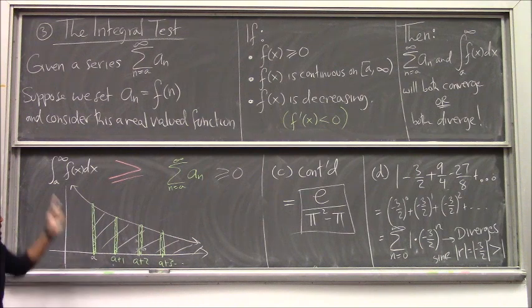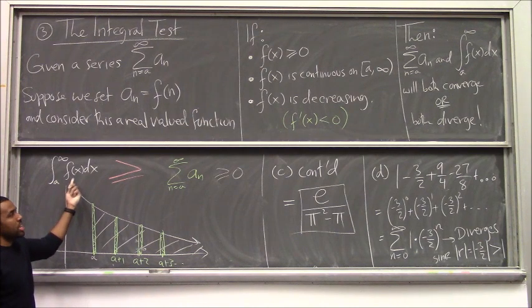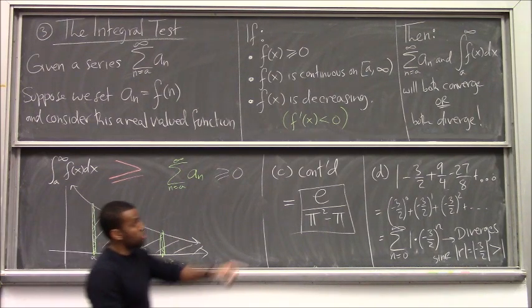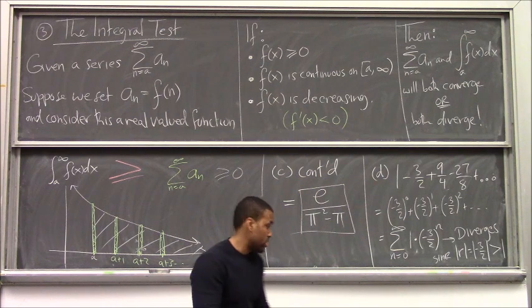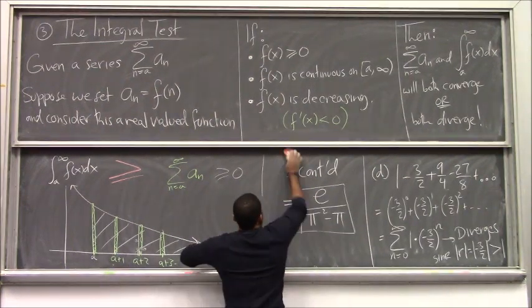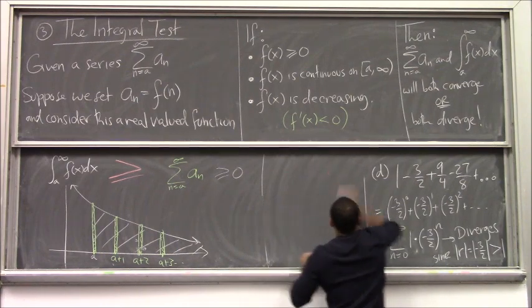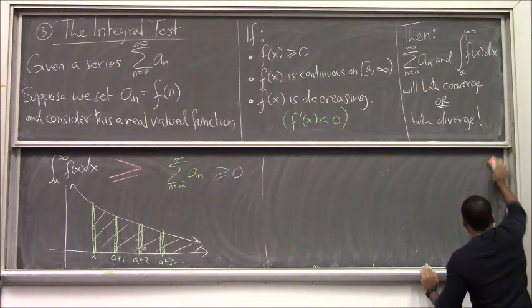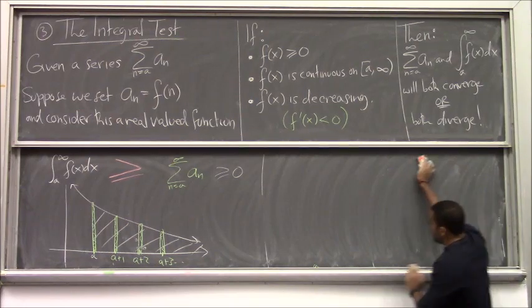And so whenever the integral converges, the series is going to converge as well. The other way, if the integral diverges, showing that the series diverges is a little bit harder to show, but this at least gives you some intuition for one of the directions here. It's harder to get the integral to work out than it is to get the series to work out. And so that's basically the idea behind the integral test. Now, this isn't strictly a requirement of the integral test, but of course for Calc 2, this is going to be a requirement.